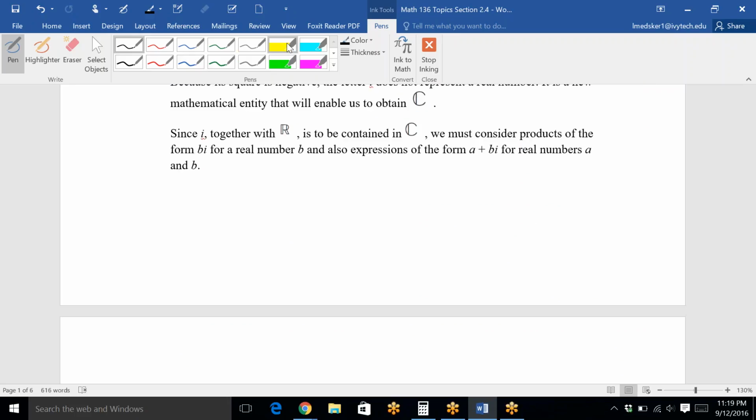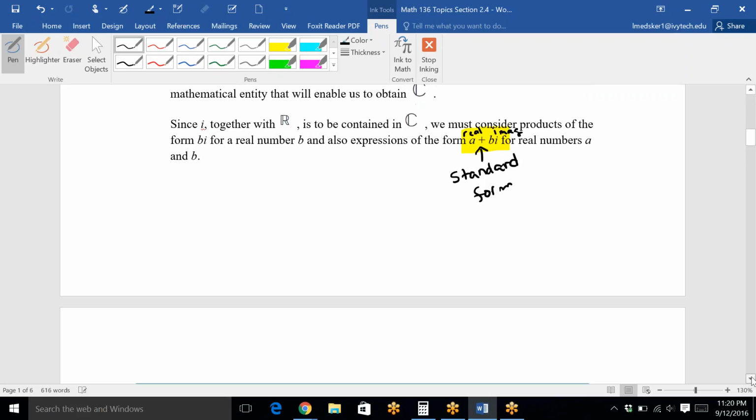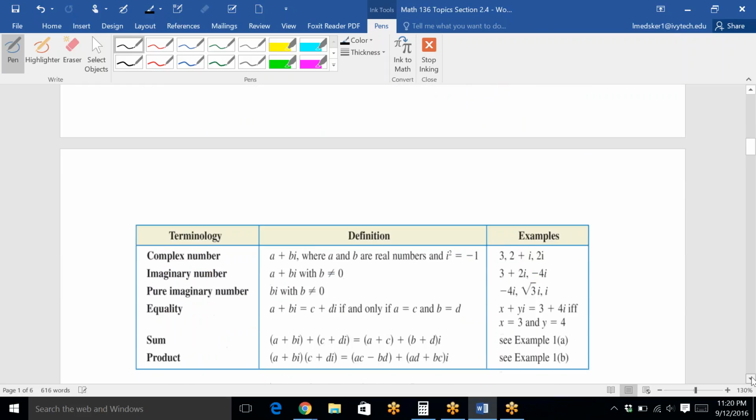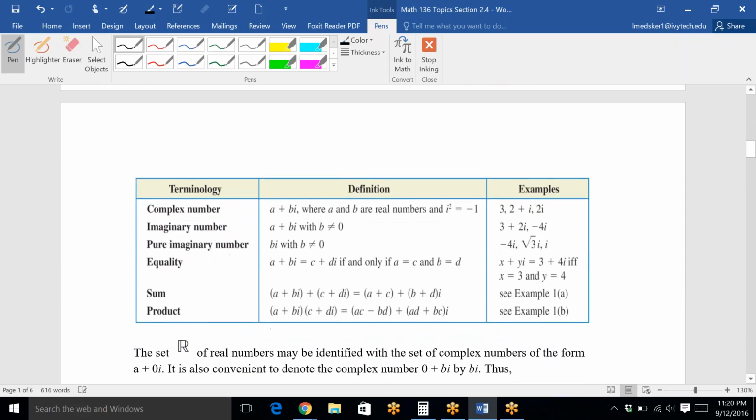And then writing our answers in imaginary format, they're going to be written like this a lot. a plus bi, that is called the standard form for a complex number. This is its real part, and it has an imaginary part. So there's a chart on the next page that explains this a little bit better. A complex number is anything where you have a plus bi.